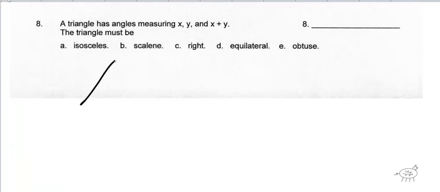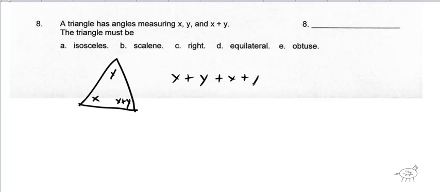So let's just kind of sketch a picture here real quickly. This is x, this is y, this is x plus y. Okay, so truly what you do is the triangle is 180 degrees in it. And so think of it, if I say x plus y plus x plus y equals 180, so I really get 2x plus 2y equals 180.